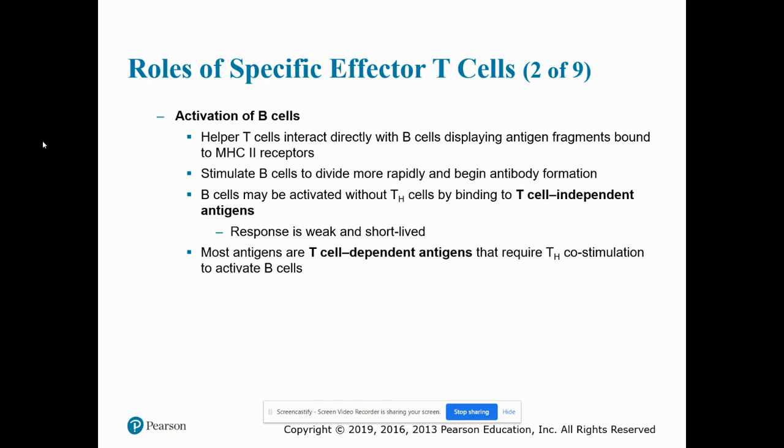The B cells can be activated without helper T cells, possible, by binding to T cell independent antigens, but the response is weak and short-lived. And most antigens are T cell dependent antigens that require the helper T cell co-stimulation to activate the B cell. So again, this means that in order for most B cells to become activated, they're going to require the help of helper T cells.